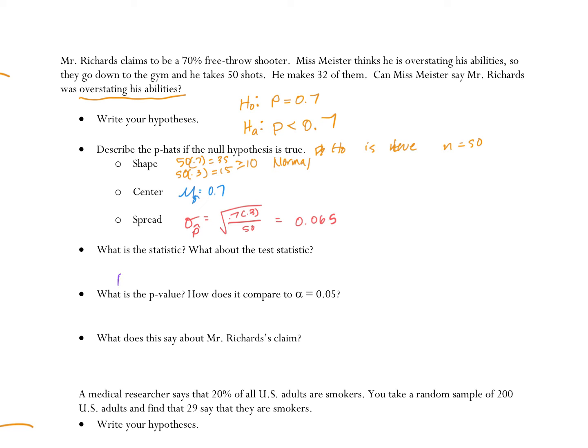Now, what was the actual observed percentage of our sample with Mr. Richards? Well, he made 32 out of the 50 shots, yeah? So it would be 32 out of 50. So he shot 64%.